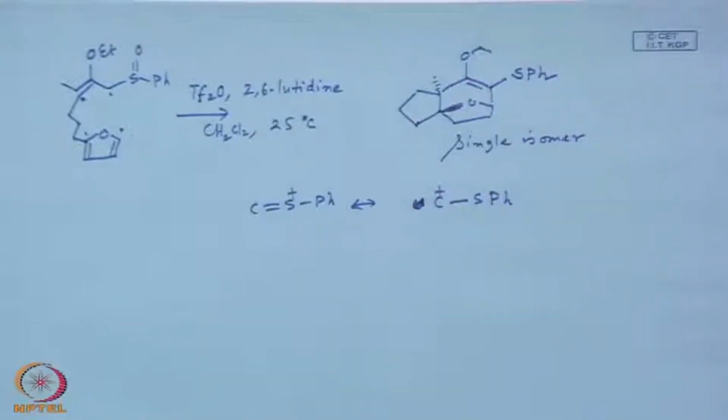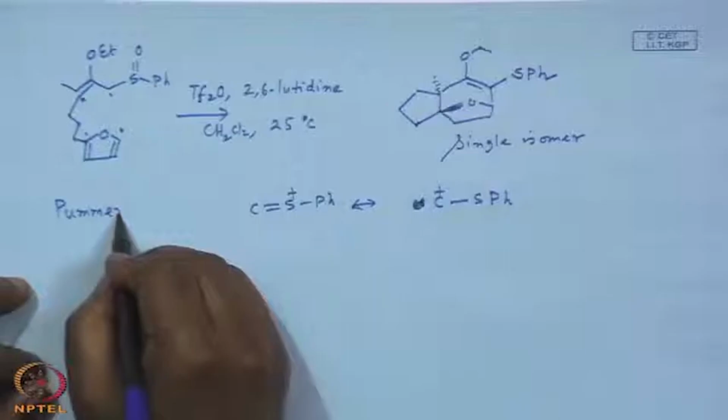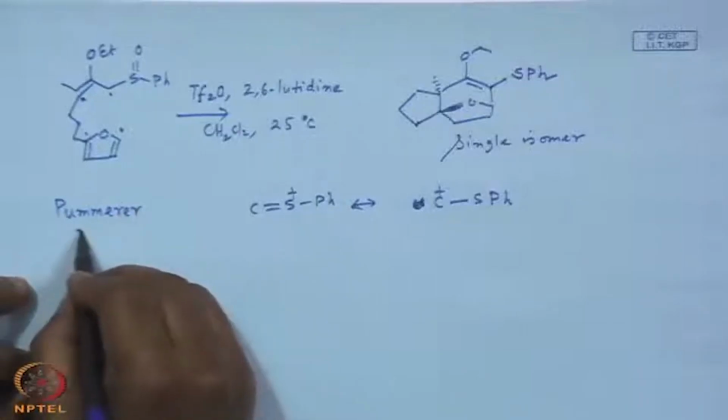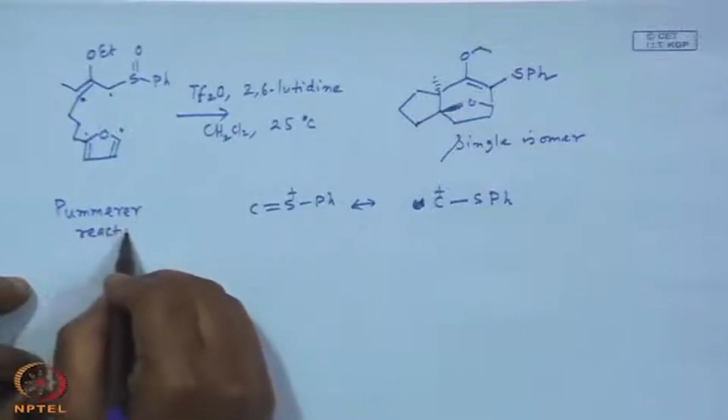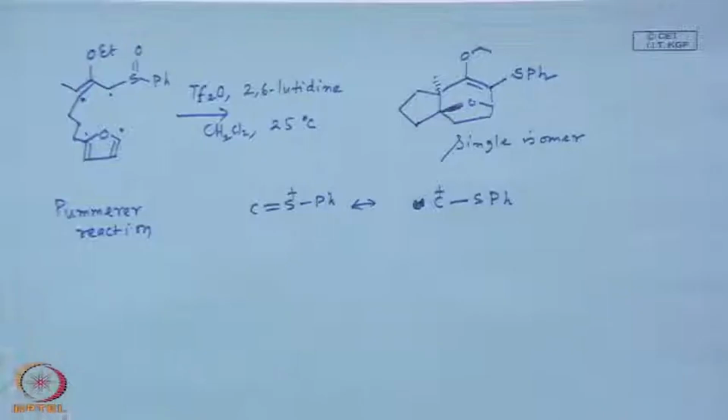So, this means a carbocation adjacent to SPh, and how do you make it? By now you should have known, right. In your lab this reaction is done. What is this? Some say Pummerer rearrangement, some say Pumera rearrangement, and it is the Pummerer rearrangement.